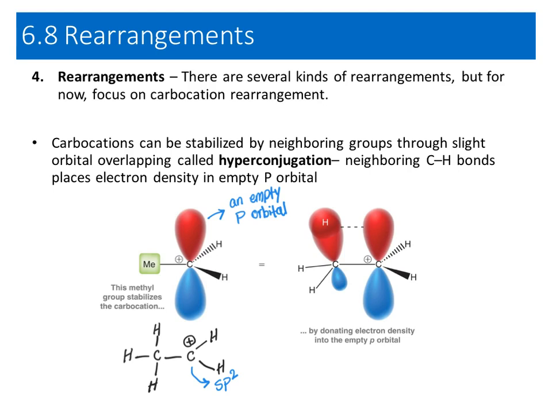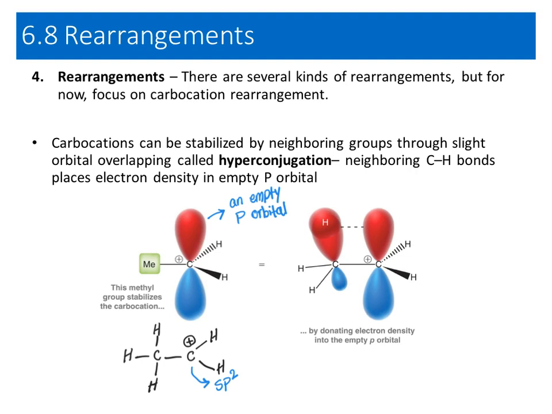So this p orbital can be stabilized by a process which we call hyperconjugation, meaning that the neighboring CH bonds right here, they will place some of their electron density into the p orbital. And this process makes the p orbital stable.